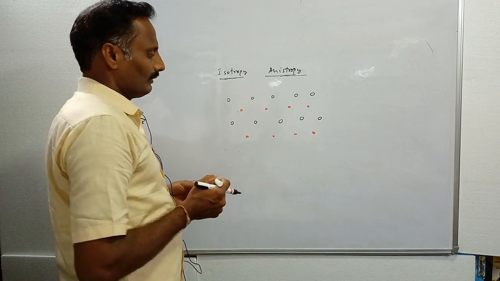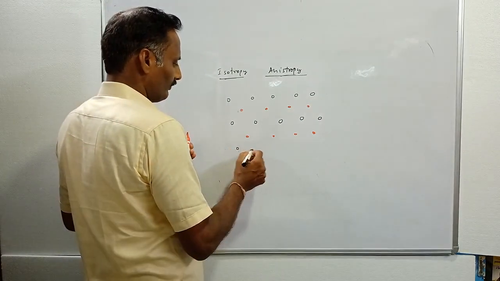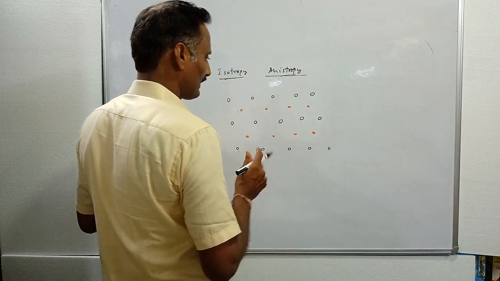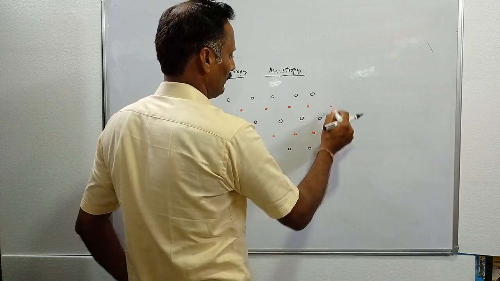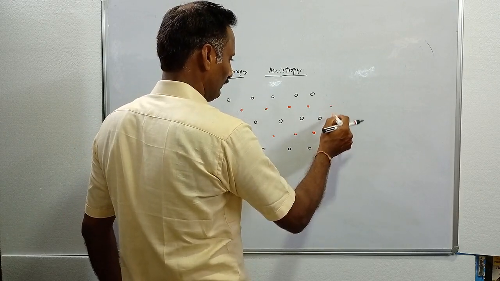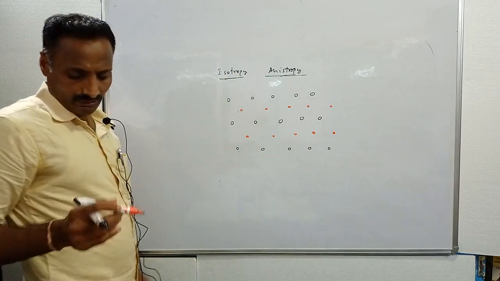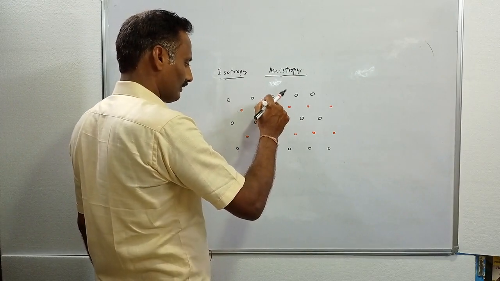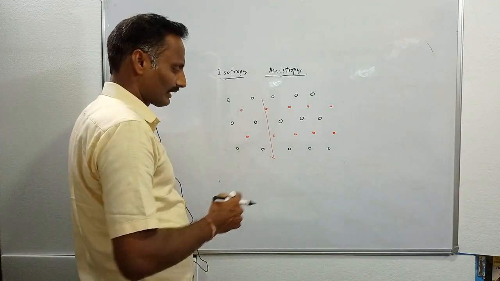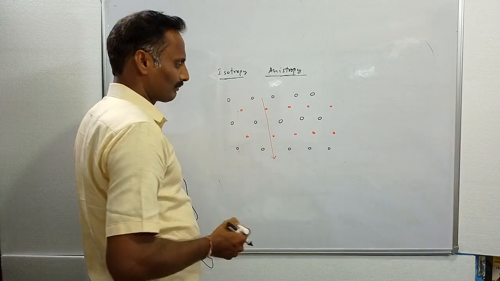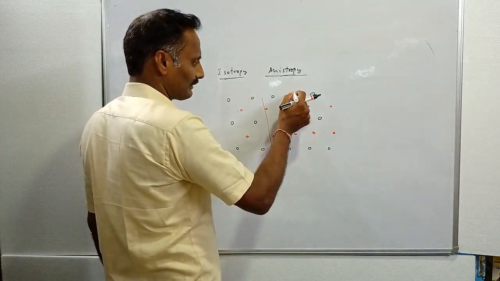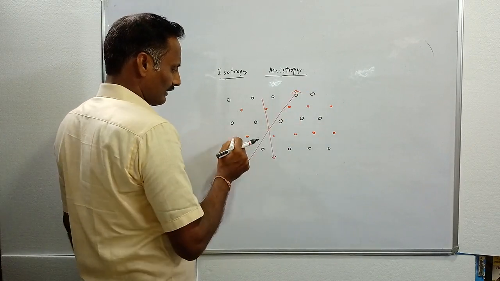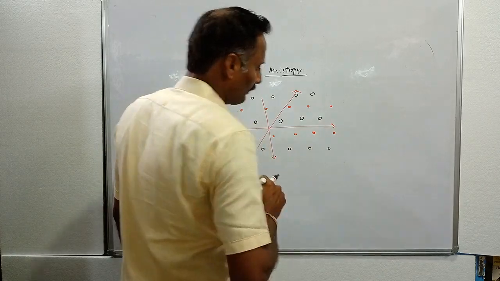In this solid material, if you measure physical properties like refractive index, electrical conductivity and thermal conductivity, there is one direction of measurement like this, and one more direction like this.